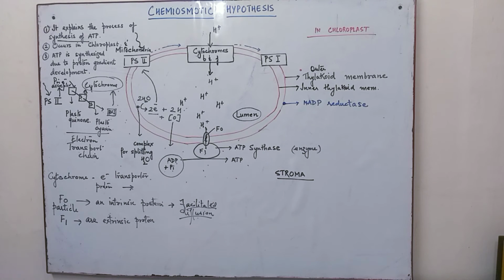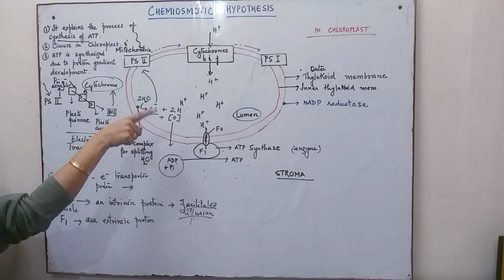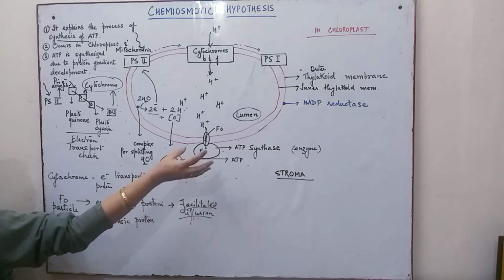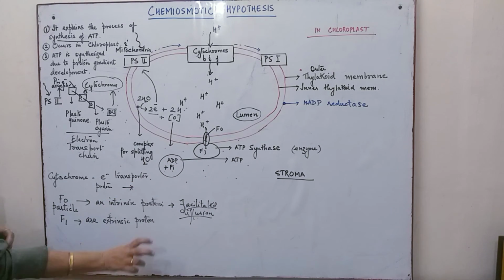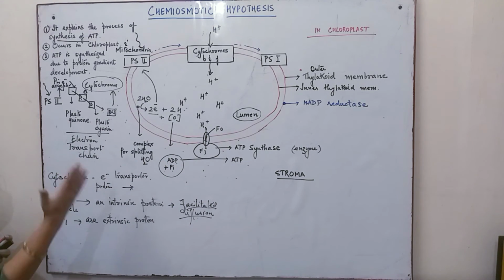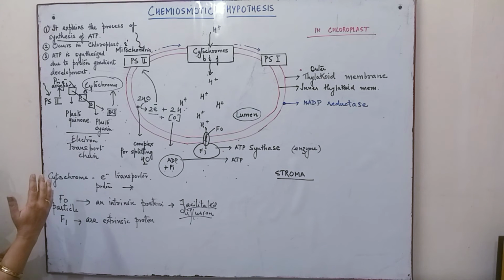Now, if we study over here again, try and understand the process. The other part, that is NADP, we'll deal with later. Try and understand the thylakoid membrane. The thylakoid, which is present in the stroma or suspended in the stroma, has two membranes, the outer thylakoid membrane and the inner thylakoid membrane.